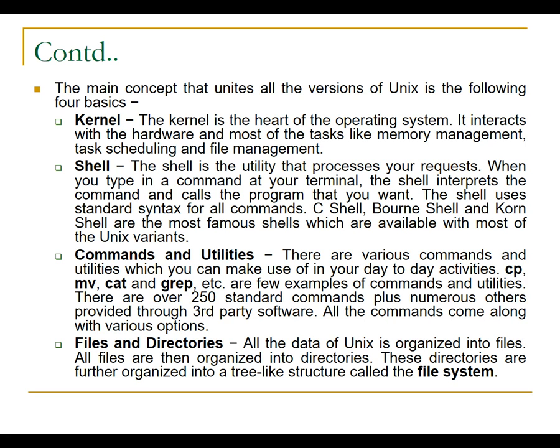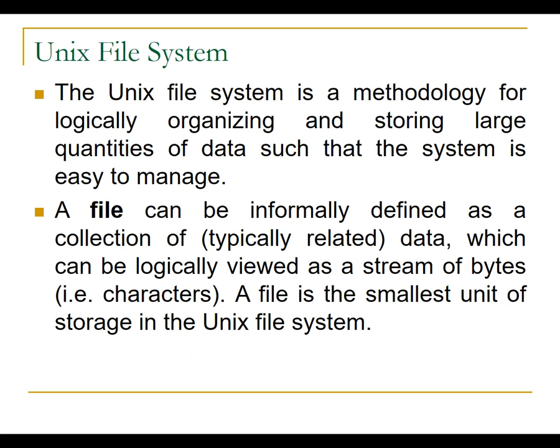So there is one hierarchical representation of the entire document which is created by the user. The user first has to create the directory, then inside the directory they have to create the file, and after creating the file, the user can save their data in that particular file, and this entire process is called the file system. So that was all about the files and directories which are handled by the Unix system.